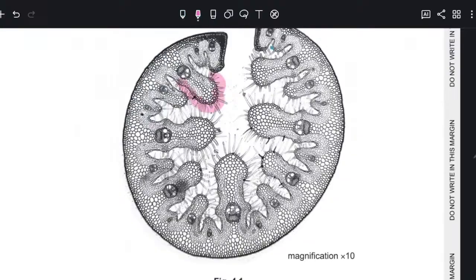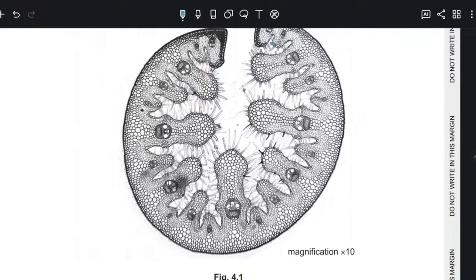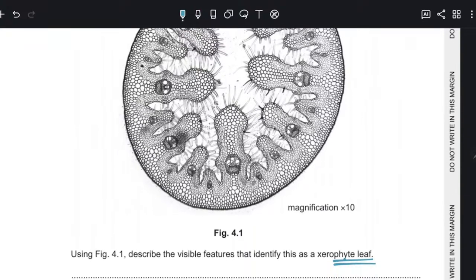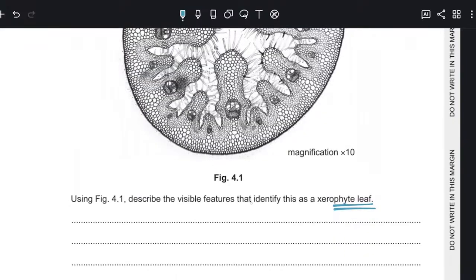We talked about hairs. These hairs, what do they do? We said they trap air to reduce water loss by transpiration. So you can talk about it. They said describe visible features that identify this as a xerophyte leaf. Okay? You can say the leaf has hairs.